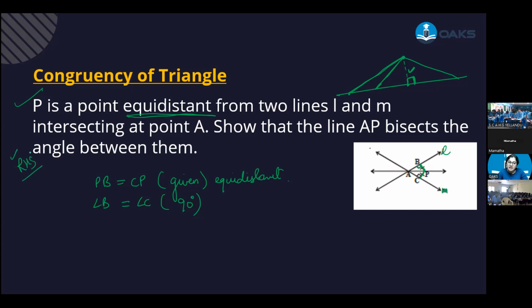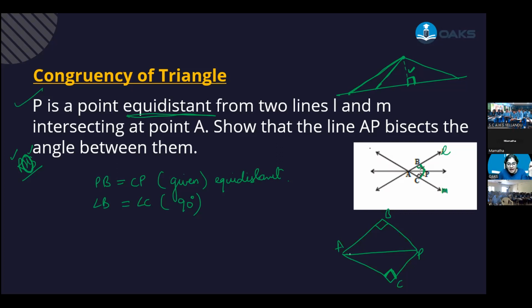Now R is done, S is done. What about hypotenuse? What is the side opposite to the right angle? Tell me, what is the side? You can just draw the diagram like this. Just make it a little bigger. This is 90 degrees. This is 90 degrees. This is point P. This is B. This is A. This is C. Now this is a right angle triangle. What is the opposite side of the right angle? It is AP, right?